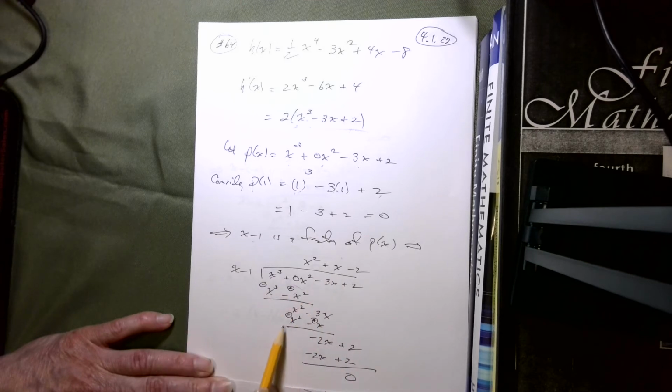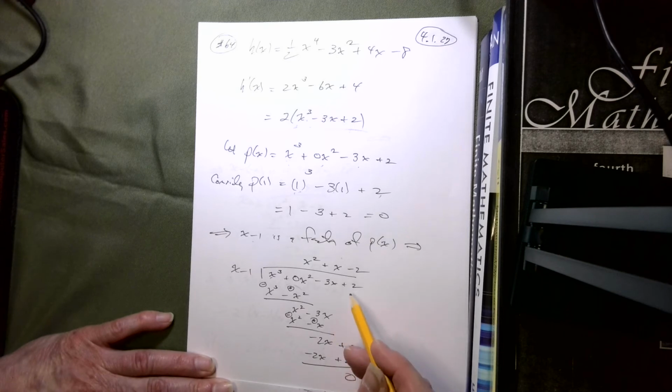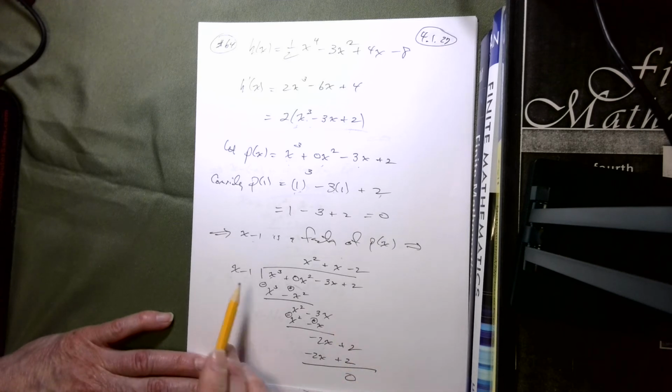X times these two guys is x squared minus x. Subtract. So what was originally positive becomes negative. What was originally negative becomes positive. So we're up 1, we're down 3. You owe me 2 x's. Pull down the 2. What times x gives me a negative 2 there?